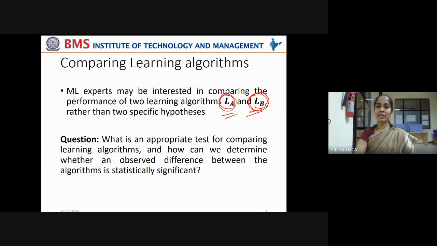We are taking the learning models and trying to compare them according to their evaluation metrics. Okay, now what is the question? Why are we proceeding with this concept? What is an appropriate test for comparing learning algorithms? And how can we determine whether an observed difference between the algorithms is statistically significant?